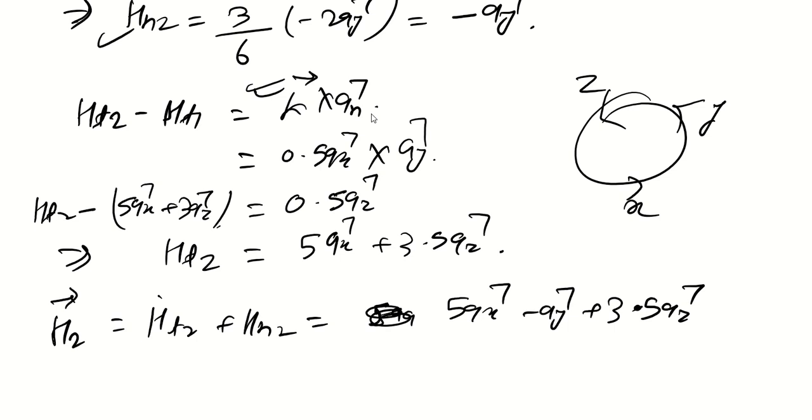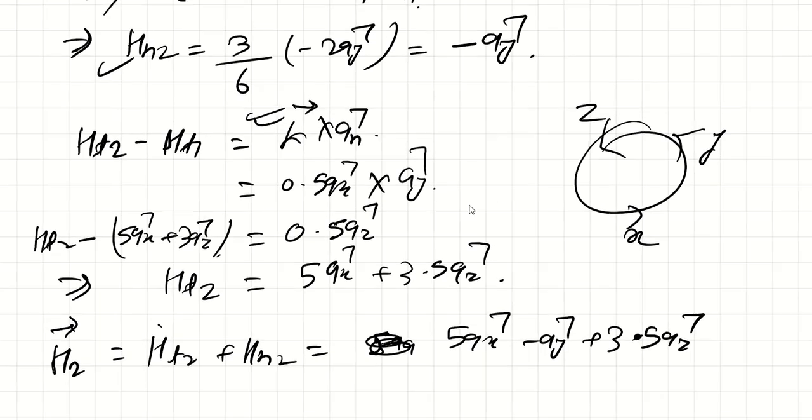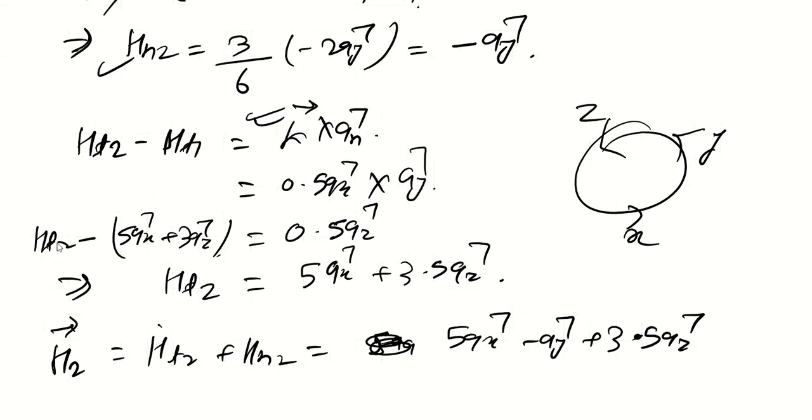As you understood just now, it is in the positive Ay direction, so Ax cross Ay will be Az. Now you just add these two: the whole term goes to this side and it is plus 5Ax plus 3Az plus 0.5Az, so 3.5Az. Thus we can write Hn2 plus Ht2, which is equal to H2, the medium 2 magnetic field intensity.